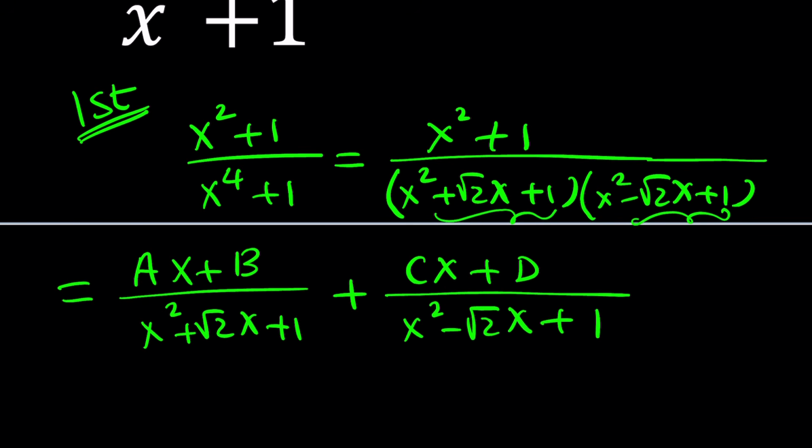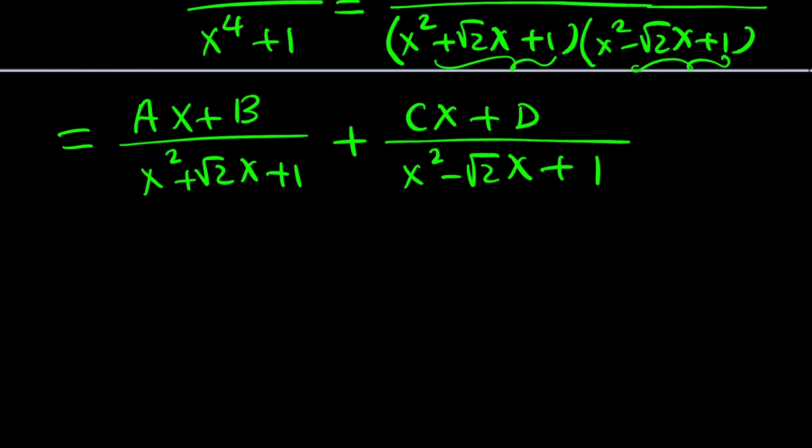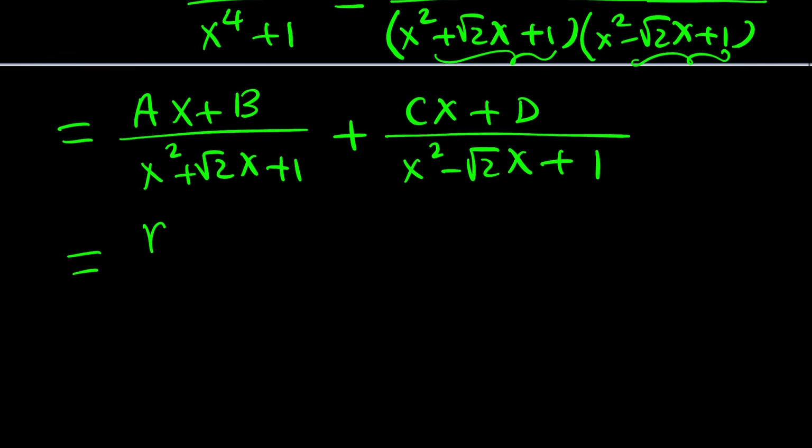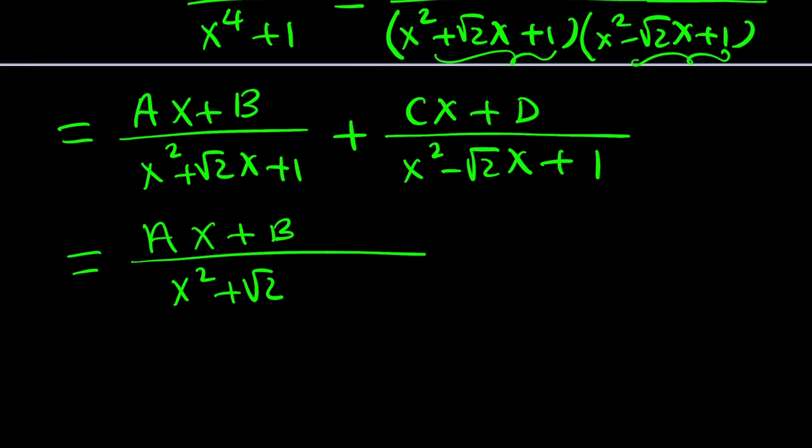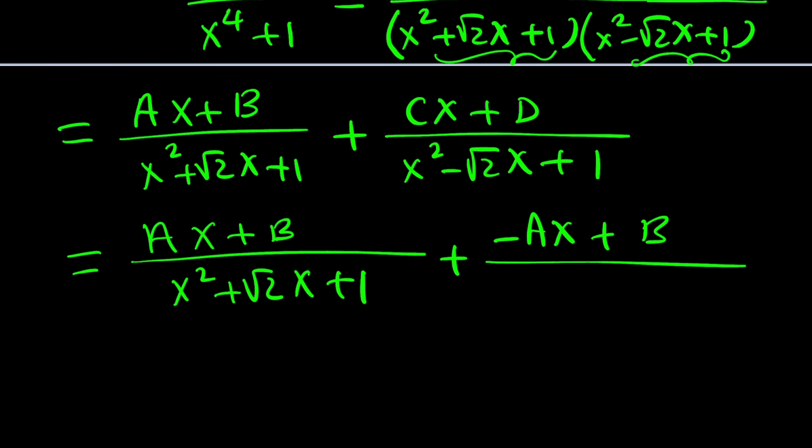So by symmetry, we can use c to be the opposite of a and d to be equal to b. That simplifies the process, and that actually works from symmetry. Again, think about why that would work, but we can basically assume that our integral is going to look like this. All right, now, after writing it that way, we can solve for a and b.